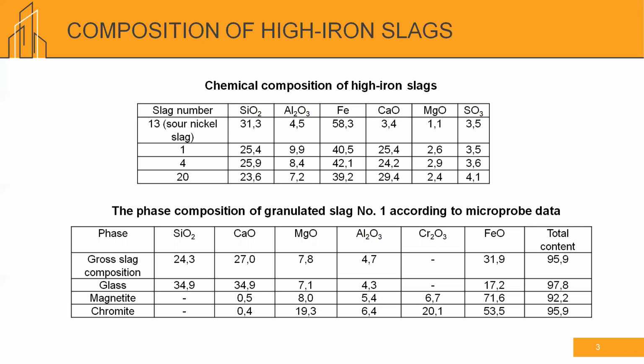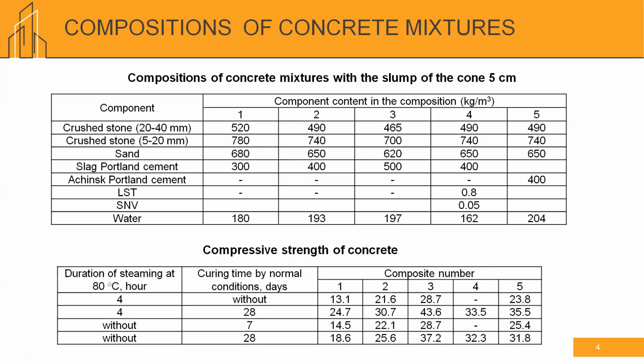The activity of the slag Portland cement with 30% slag was 33 MPa. As we see, the chemical composition of high iron slag consists of ferrum in the greatest content.